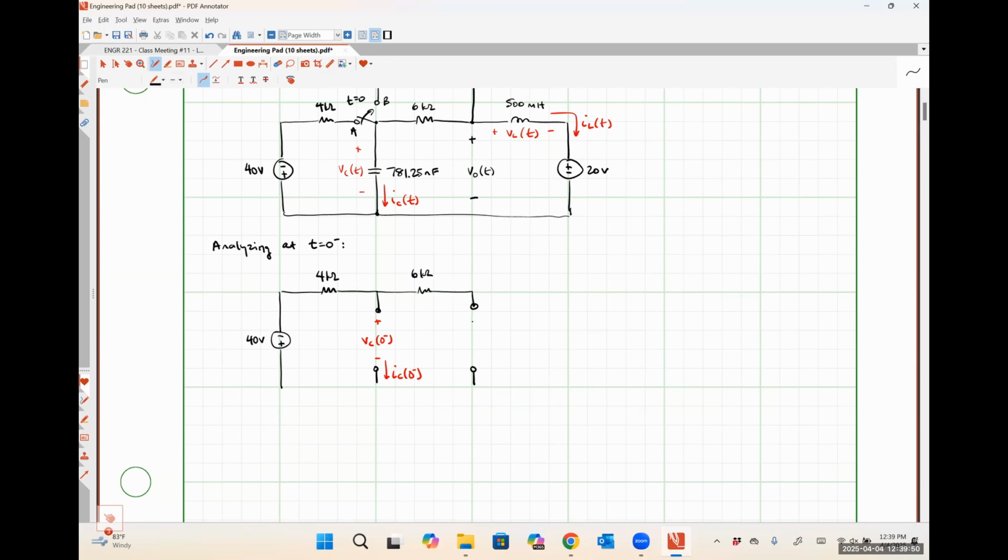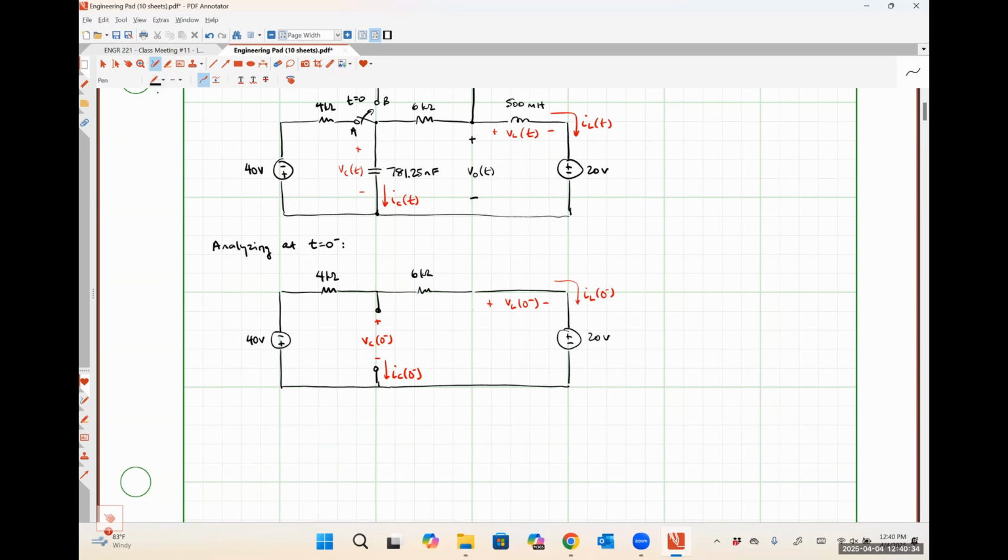This is essentially the voltage V naught of, actually, not even gonna bother drawing that. We'll figure that out at the very end, like we've done everything else. This short circuit right here represents my inductor. And then here is my 20-volt source. And let me just label, here's IL at 0 minus, and here's VL at 0 minus.